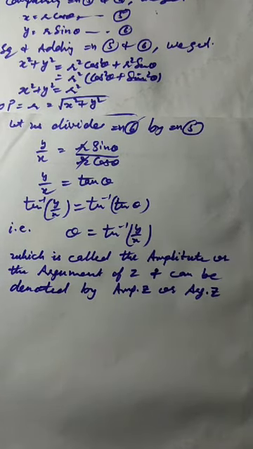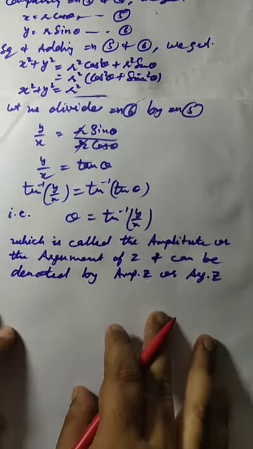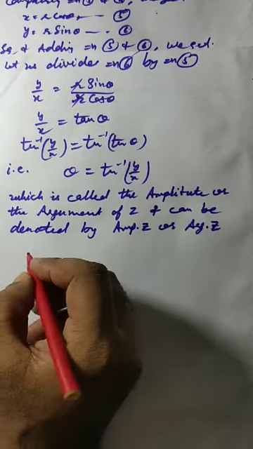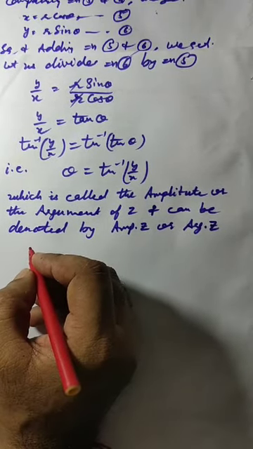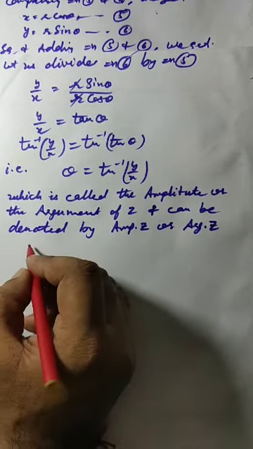So finally we got here the formula to calculate the magnitude and the argument of the complex number if z is the complex number x plus iota y.